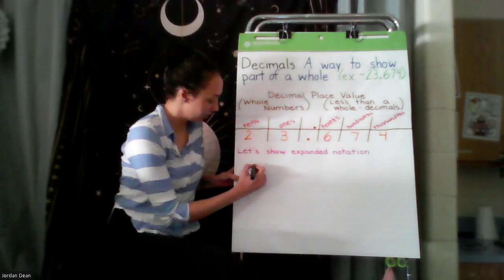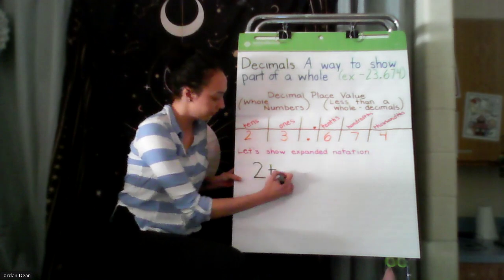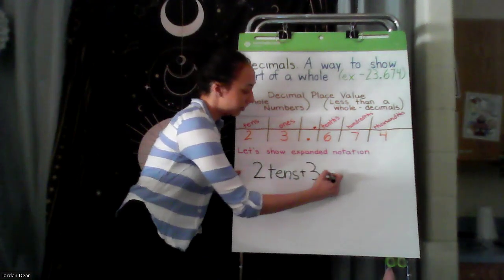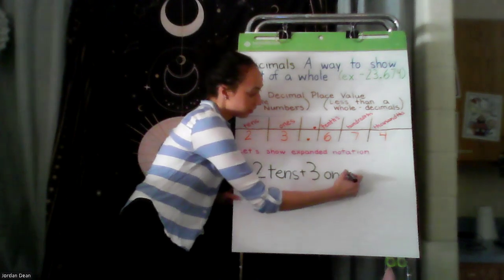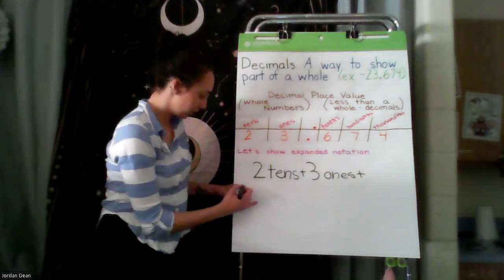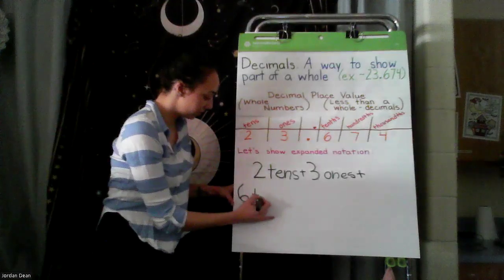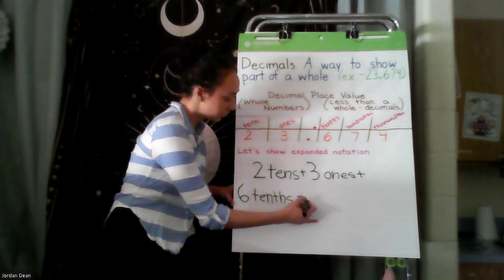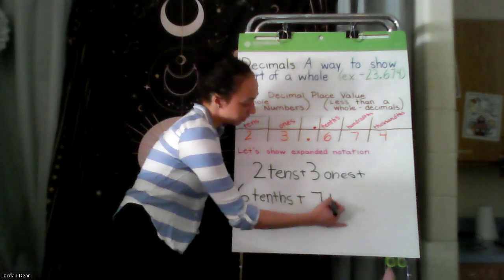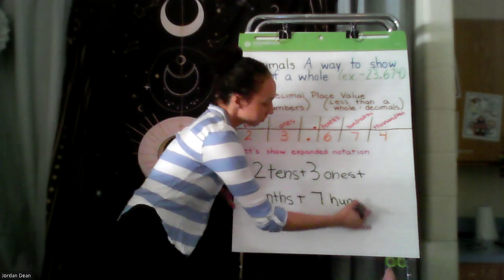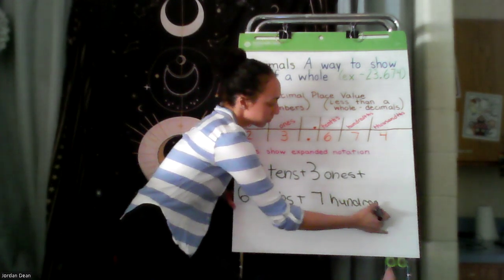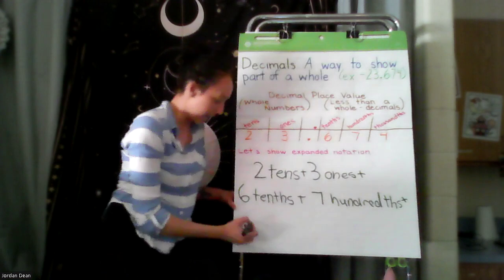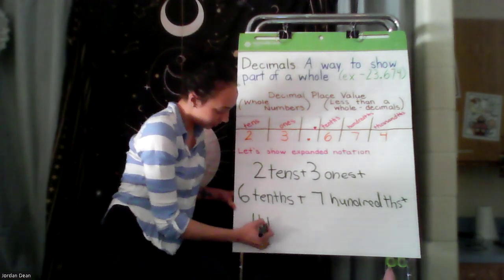So we would have 2 tens plus 3 ones plus 6 tenths plus 7 hundredths and lastly we would add our 4 thousandths.